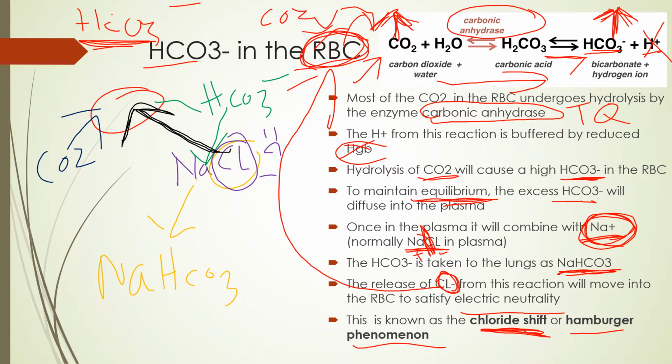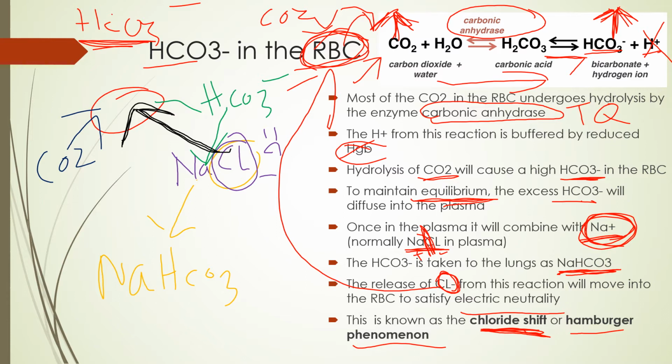If you have family members or people around you, you can always try to act this out. But this is called the hamburger phenomenon, or the chloride shift. We have chloride ultimately making its way from the plasma into the red blood cell.